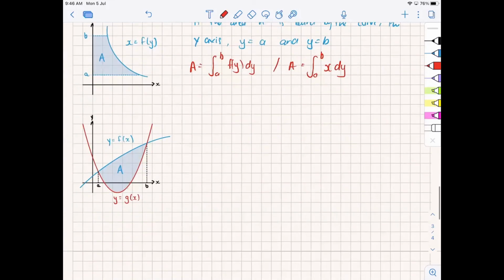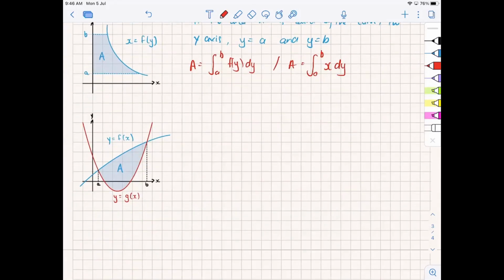And finally, we had the area between two curves, okay? And if we wanted to find the area between the two curves, if the area is bound by, right, we can have f of x and we have g of x as well.